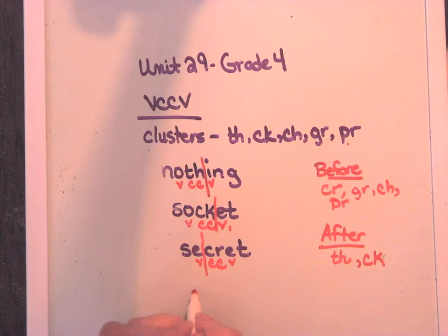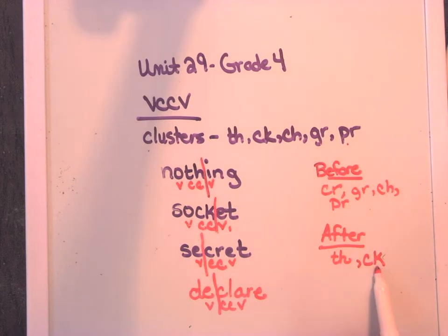So if we have a word like declare, vowel, consonant, consonant, vowel. You're going to divide it right there. Our consonant cluster CL is not a TH or CK, so it's going to go in the top category.